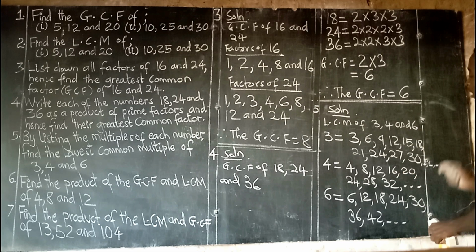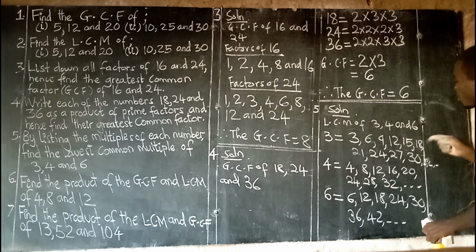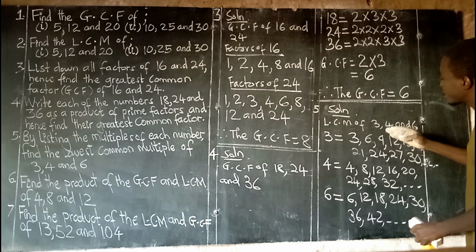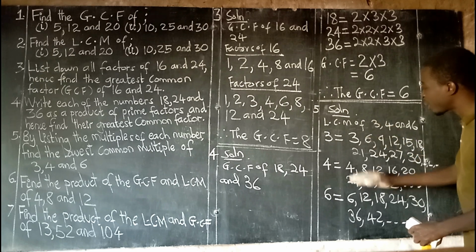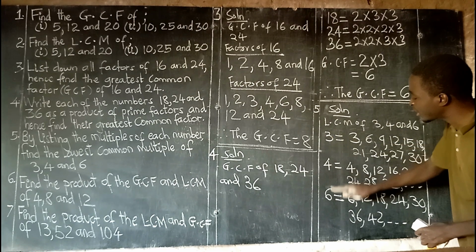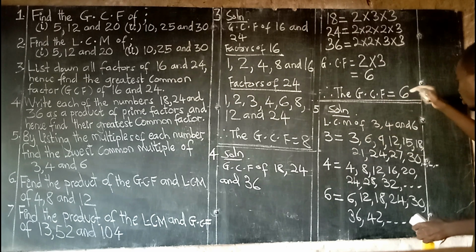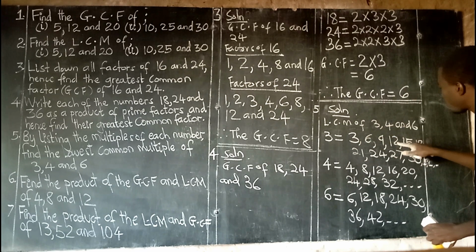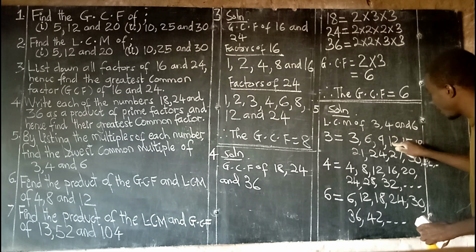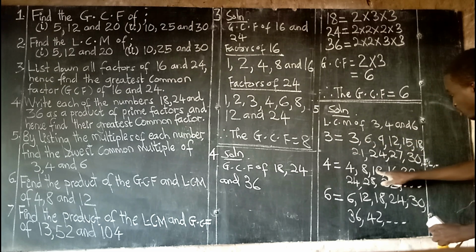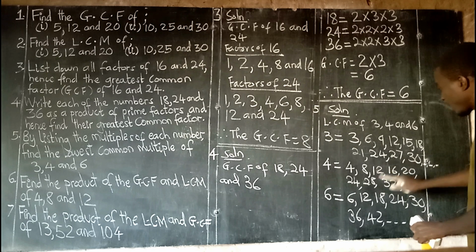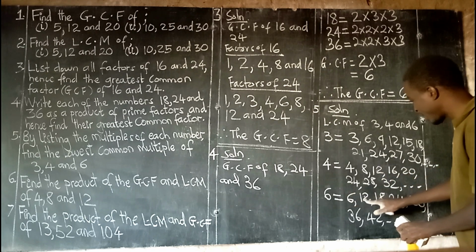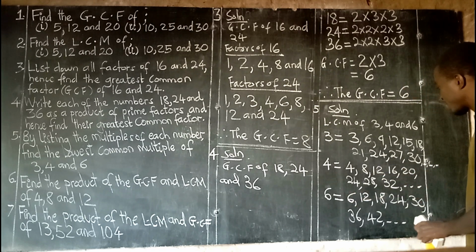Our question asks to find the lowest common multiple, so the multiple which is smallest and common to all of the given numbers. We are given three numbers, 3, 4, and 6. The lowest common multiple here is 12 because 12 has appeared in the multiples of 3, 12 also has appeared here, and 12 has appeared here in the multiples of 6.